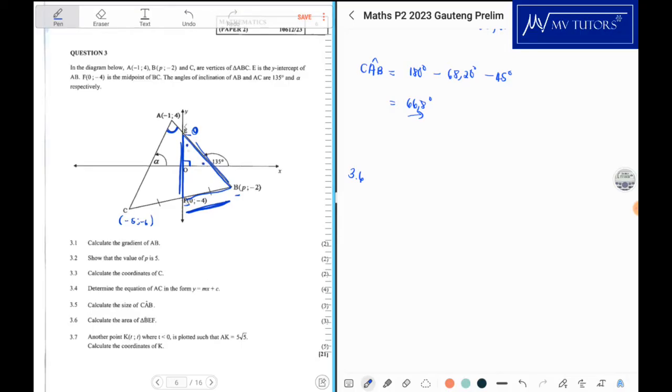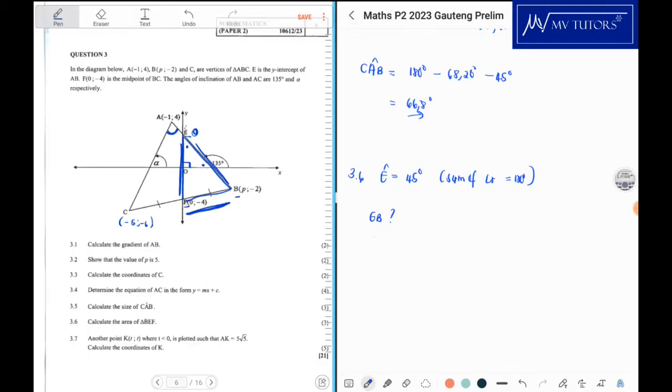E would also have to be 45 because of sum of angles equal to 180, then I can get the side of EB. I need to get what EB is, and I also need to get what EF.